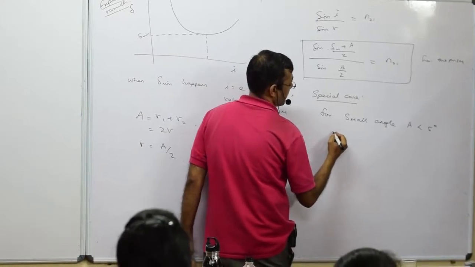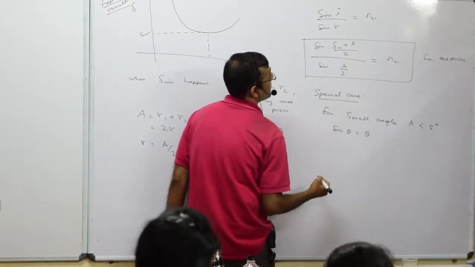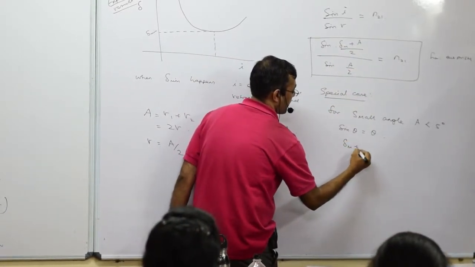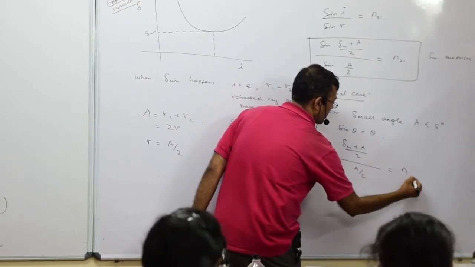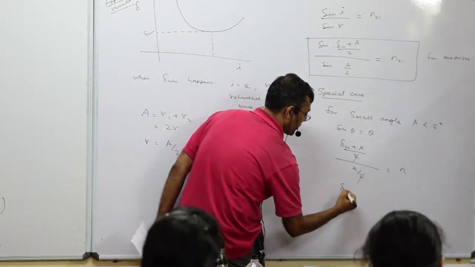So I can say sin theta is equal to theta. These values are going to be very small. So we say (del m plus A) by 2 divided by A by 2 is equal to n. 2 cancels, A goes on the other side.